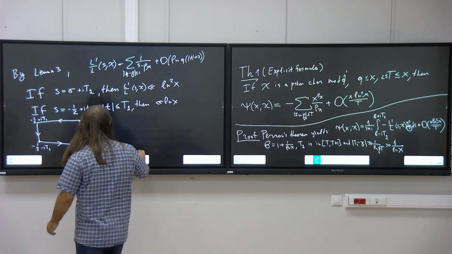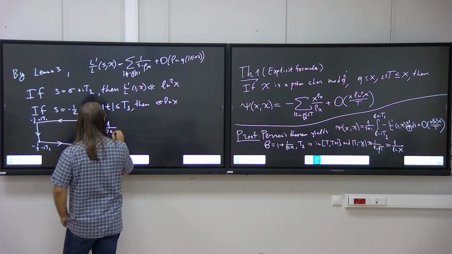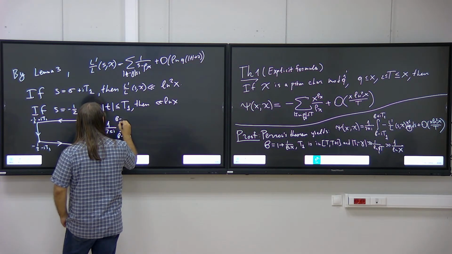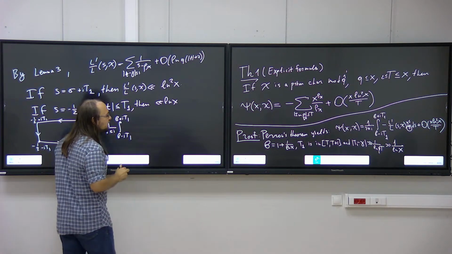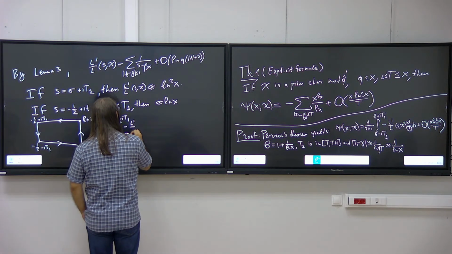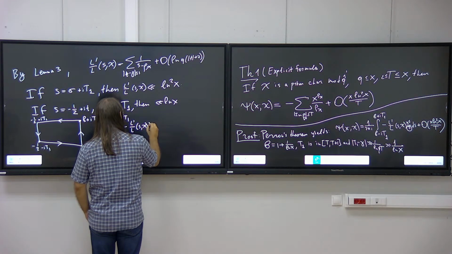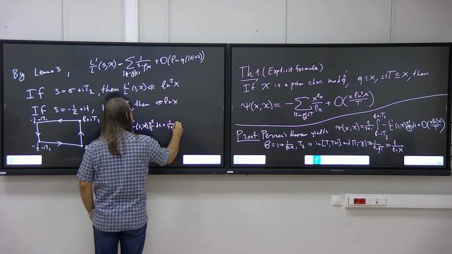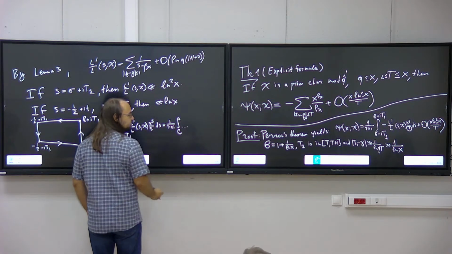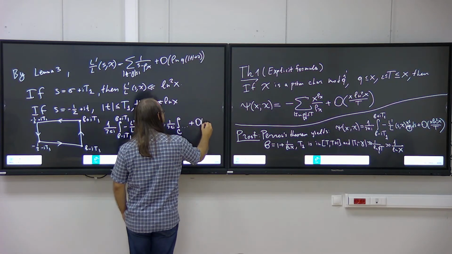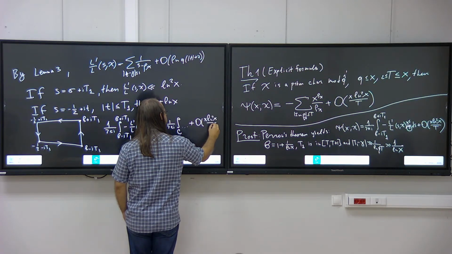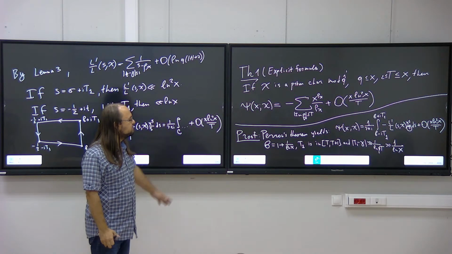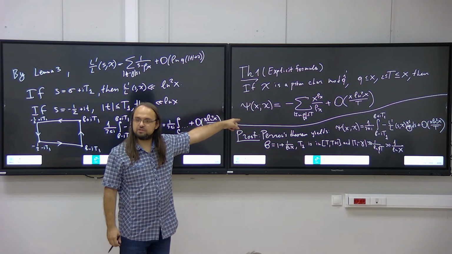So 1 over 2 pi i, integral from b minus i t1 to b plus i t1 of minus L prime over L of s, chi, x to the s over s ds will be equal to 1 over 2 pi i integral over the whole contour plus big O of x log squared x over t, and then the integral over the whole contour will be the sum over zeros.